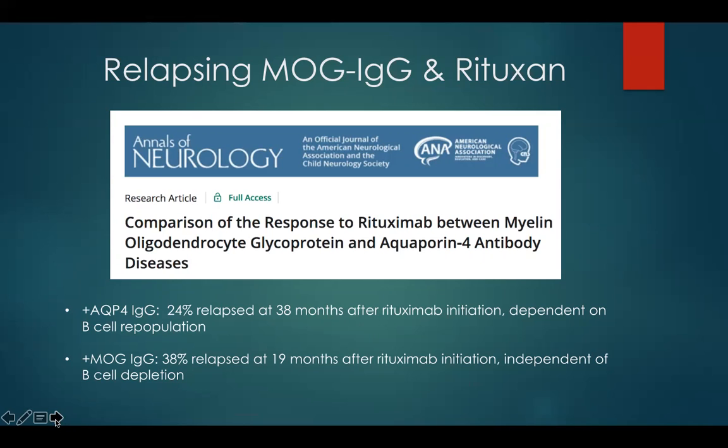This is in comparison to anti-MOG, where 38% of the patients relapsed at half the time period of NMO, and it was actually independent of B cell depletion. This is important because it raises the likelihood of other unknown immunologic mechanisms outside B cell depletion that could be driving anti-MOG disease.